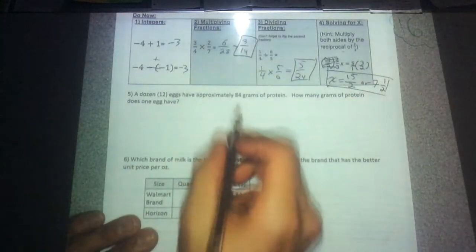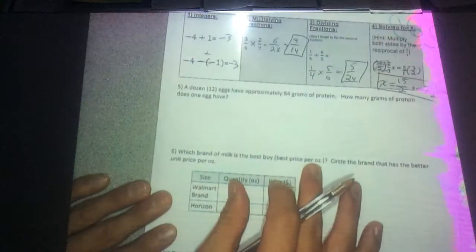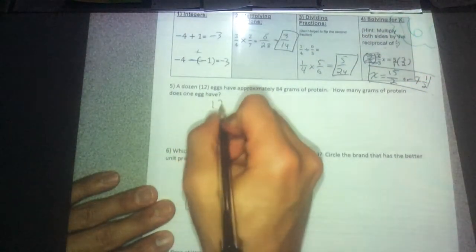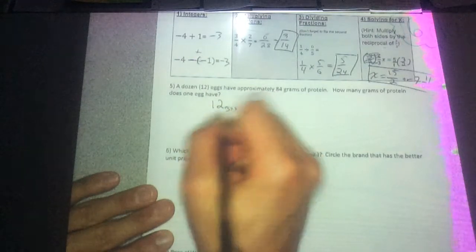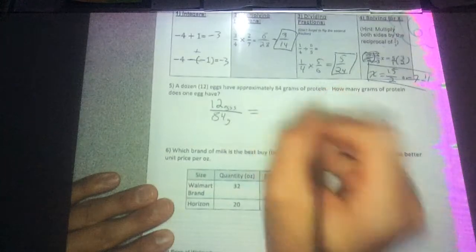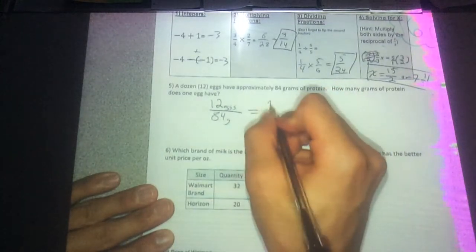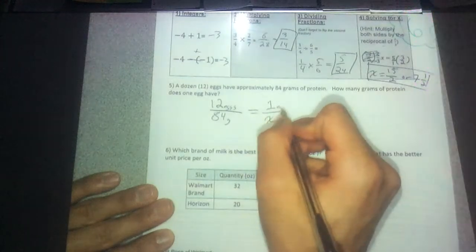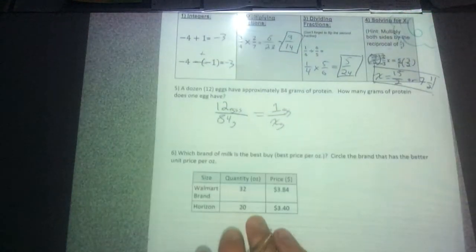A dozen eggs have approximately 84 grams of protein. How many grams of protein does one egg have? So 12 eggs gives me 84 grams of protein. Now I'm trying to figure out how many grams one egg has. So this is going to be one egg and x grams of protein.